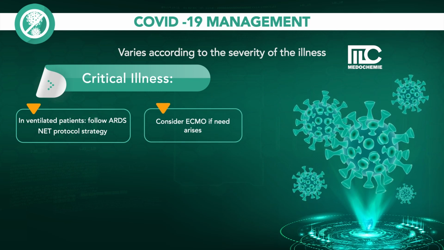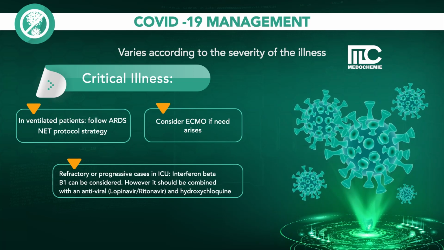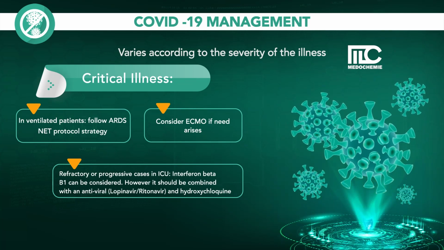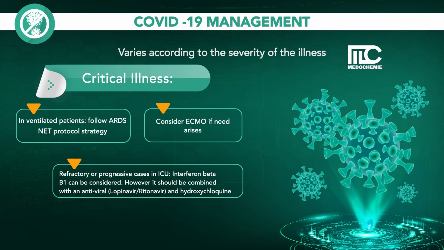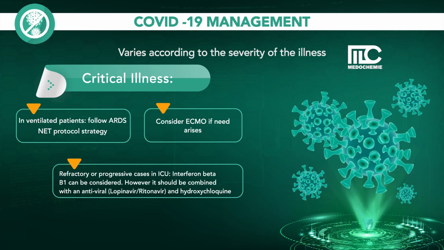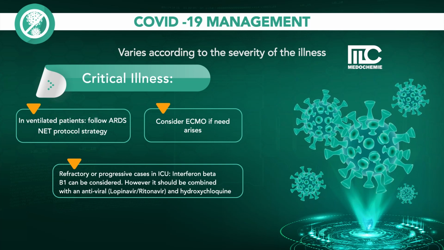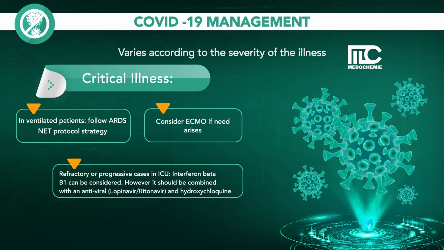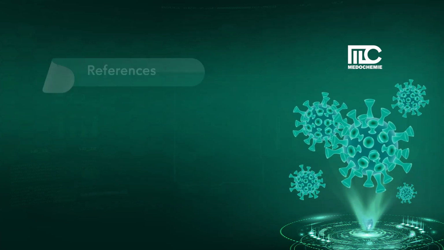Consider ECMO if need arises. Lastly, for refractory or progressive cases in ICU, interferon beta-1b can be considered. However, it should be in combination with an antiviral, lopinavir, ritonavir, and hydroxychloroquine.